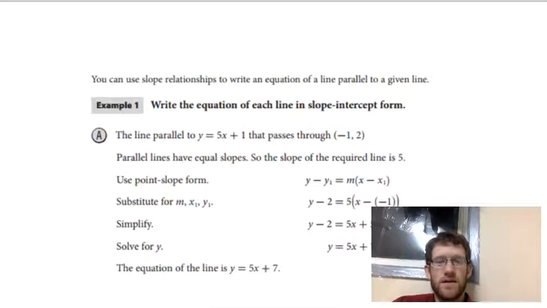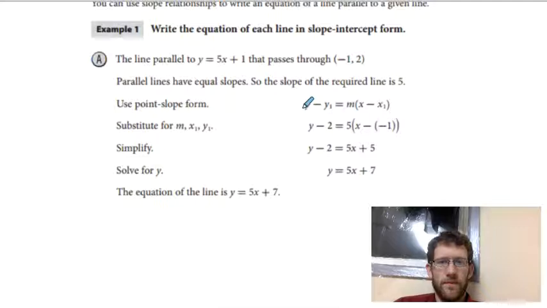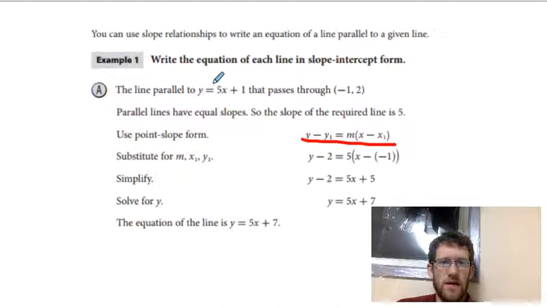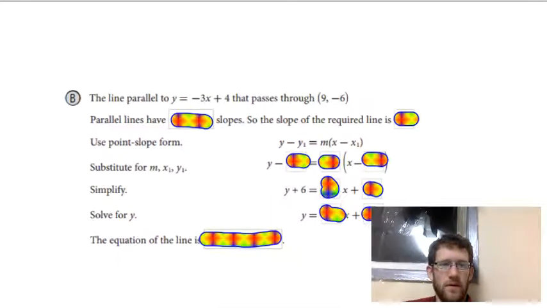So again, you need to know, and it's probably good to memorize, the point slope form, because all you have to do is write down the point slope form, and then if it's parallel, you take the slope of this line that you're going parallel to. If they're asking for something that's perpendicular, you take the opposite reciprocal. And then you take the coordinates here, you plug them in, and you simplify and solve for y.